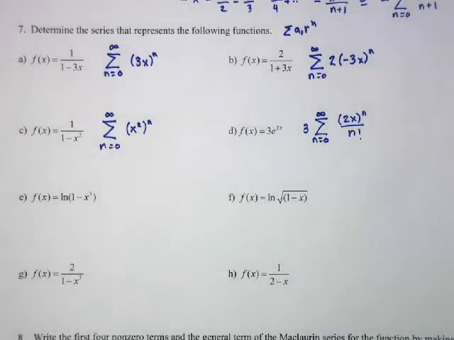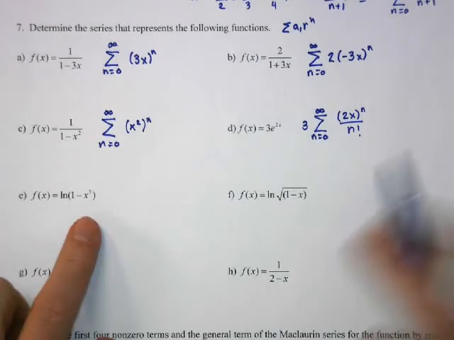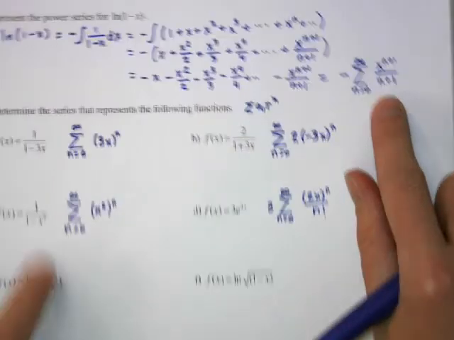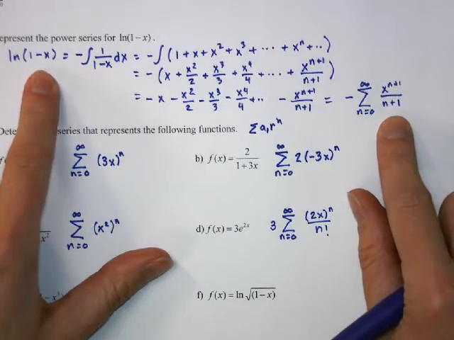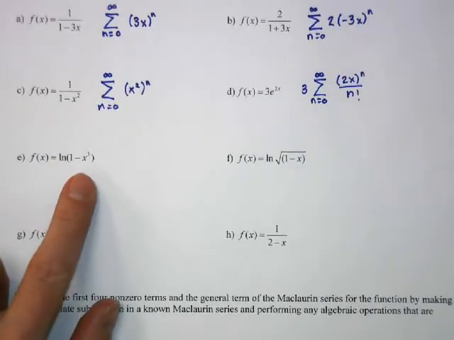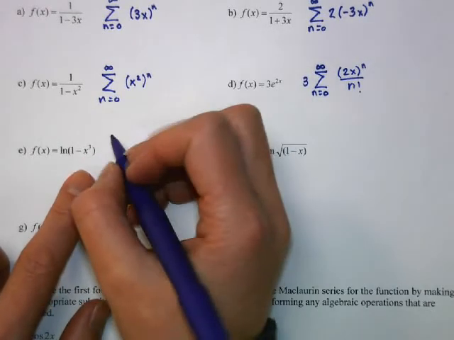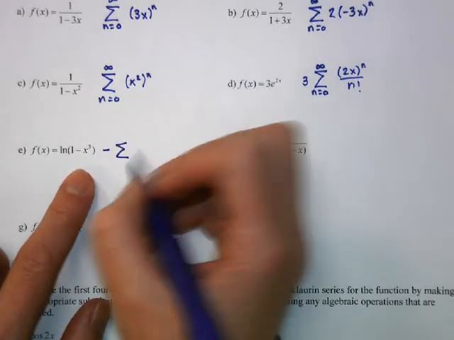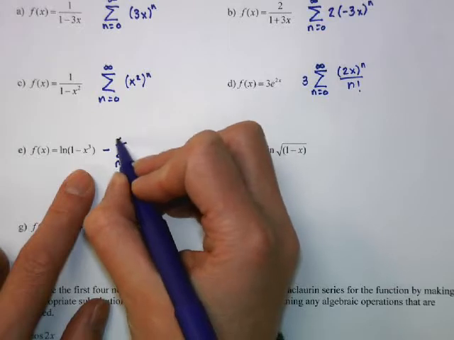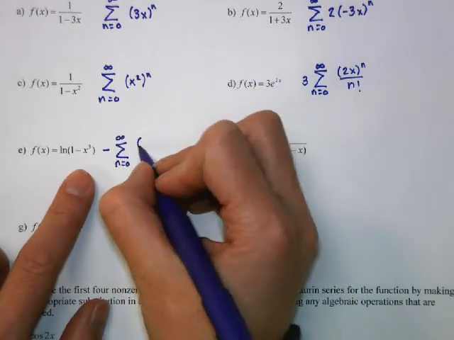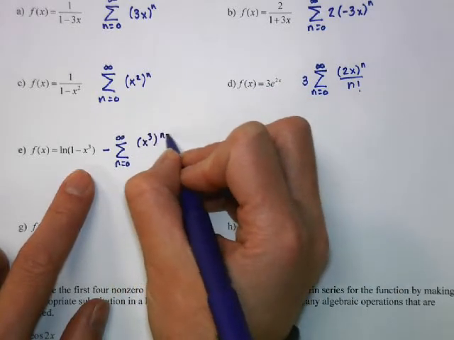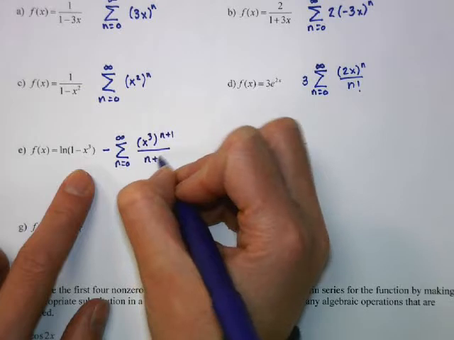Okay, this next one, we know from up here that the natural log of 1 over x is going to be this. So we're going to replace the x with an x cubed. So this is going to be negative sum from 0 to infinity of x cubed to the n plus 1 over n plus 1.